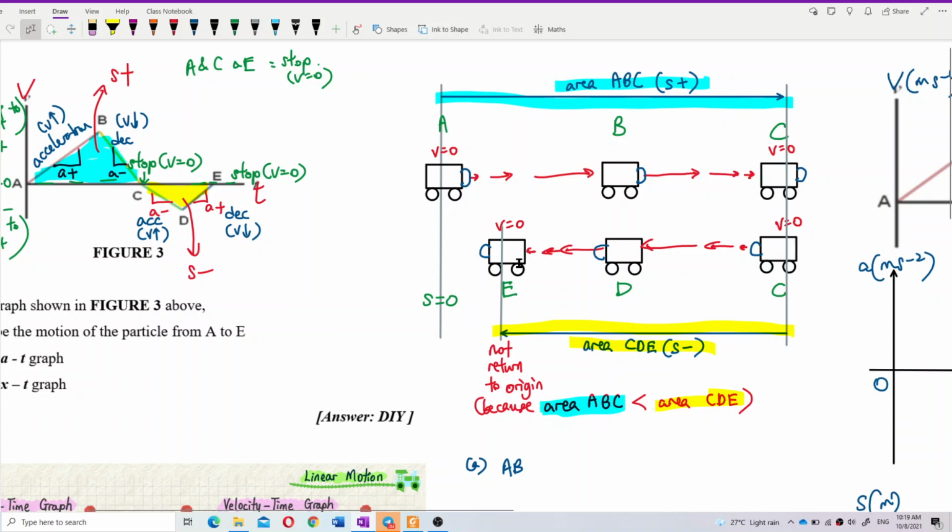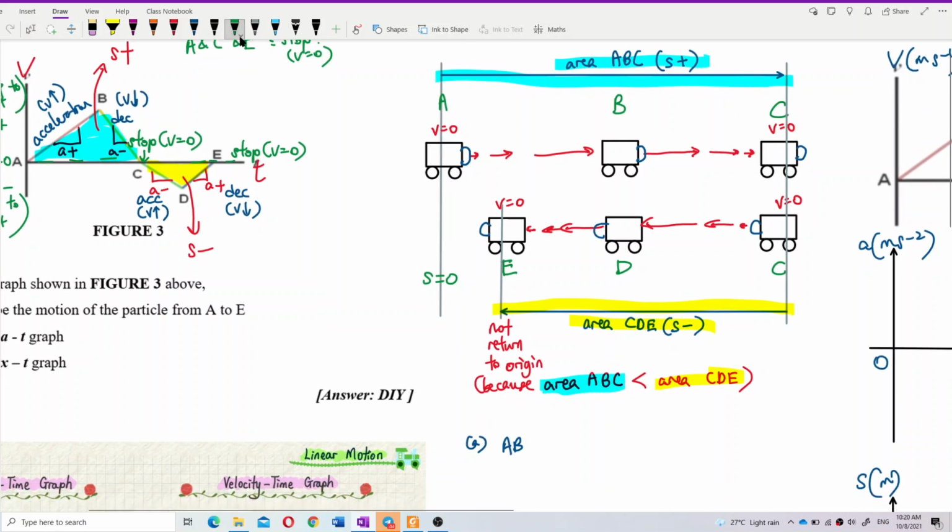So the car, in the end, didn't return to origin. Okay? The car stopped in front of the origin.